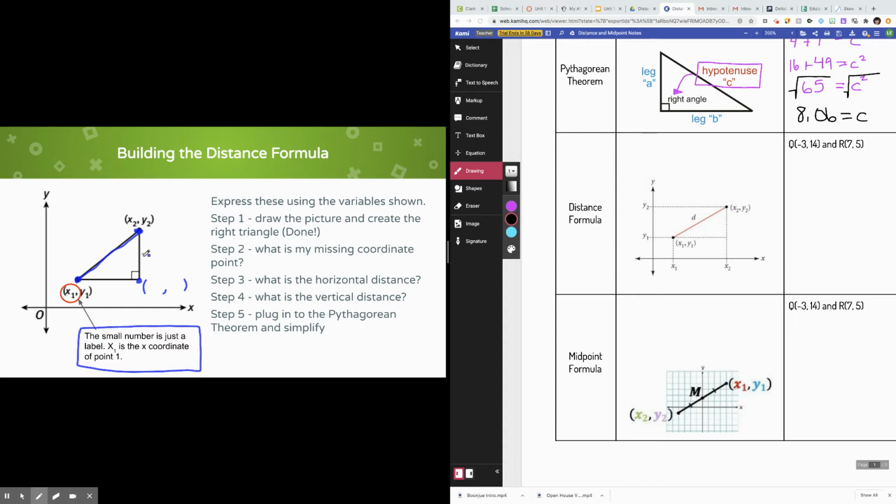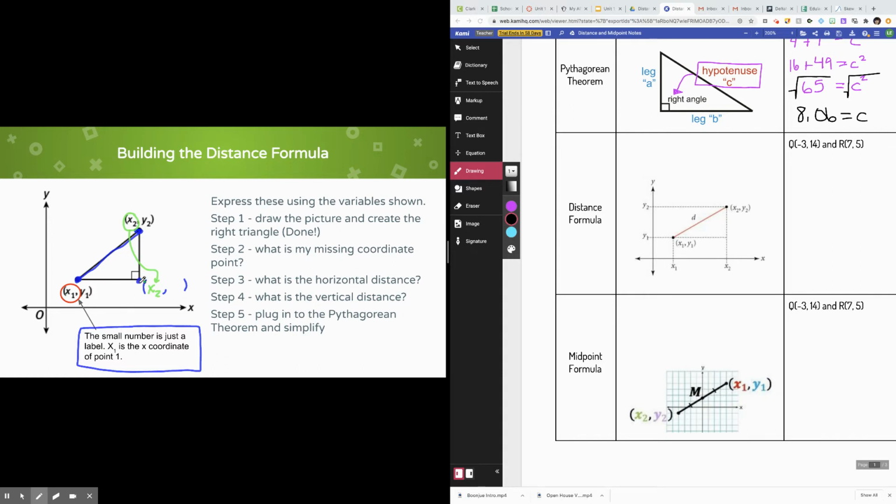Well, this point here has the same x coordinate as this point up here because they're right underneath each other. So this x2 goes right here. Then we do a similar thing for the y's.